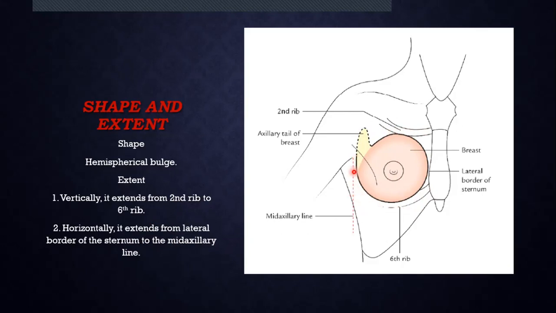Okay, that is the base of the breast. And the nipple usually lies in the fourth intercostal space, and this applies to non-pendulous breast. Okay, in pendulous breast, the nipple might not be lying at the fourth intercostal space.